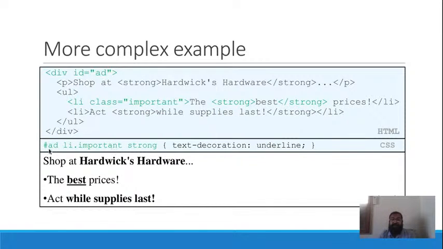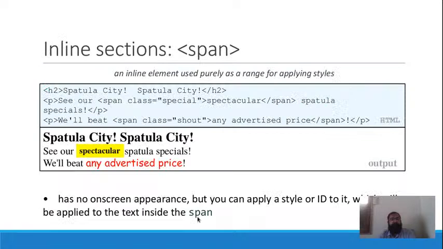So hash ad means that ad is an id, so #ad space li.important. So .important has to be a class that is used in a list element, and then you have a strong inside that, then you will get an underline. Which means that you won't get an underline for Hardwick's Hardware, as well as you don't get an underline for while supplies last. So you can understand how this will be rendered.